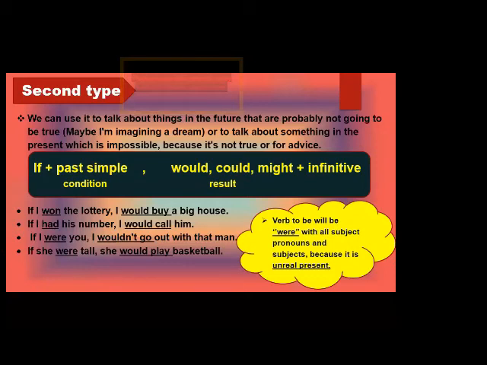We use past simple and would plus infinitive. If I had his number, I would call him. The truth is I don't have his number, so I don't call him. Using if I had his number, we go one step back.